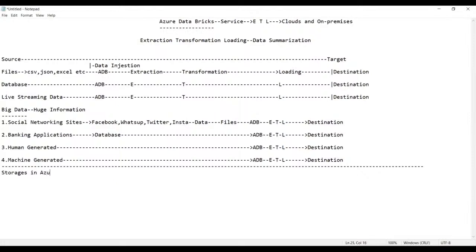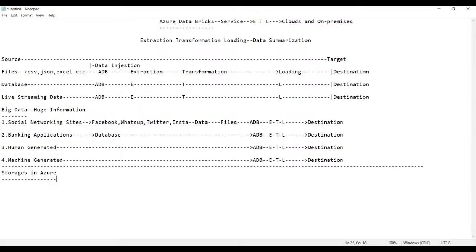In Azure, these are the storages we require to store the data. If you store the data in Azure, you can use it anywhere, guys.